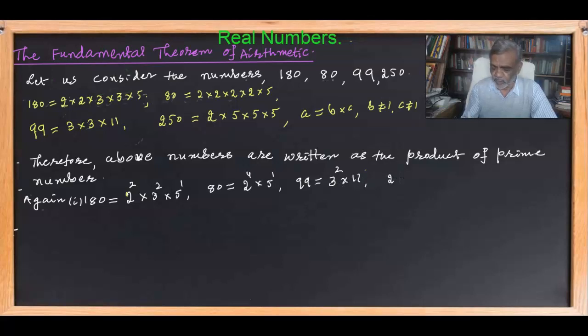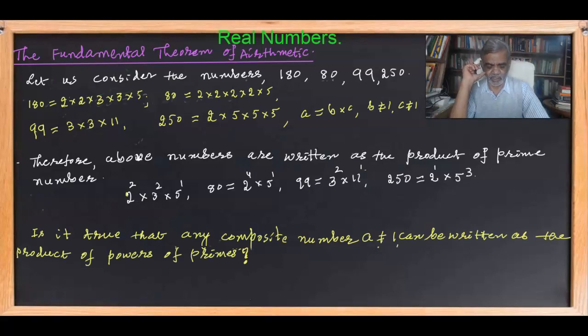And 250 is equal to 2 raised to 1 into 5 raised to 3. From the above numbers, we can see that any composite number can be written as the product of powers of primes. Now the question is, is it true that any composite number A not equal to 1 can be written as the product of powers of primes?